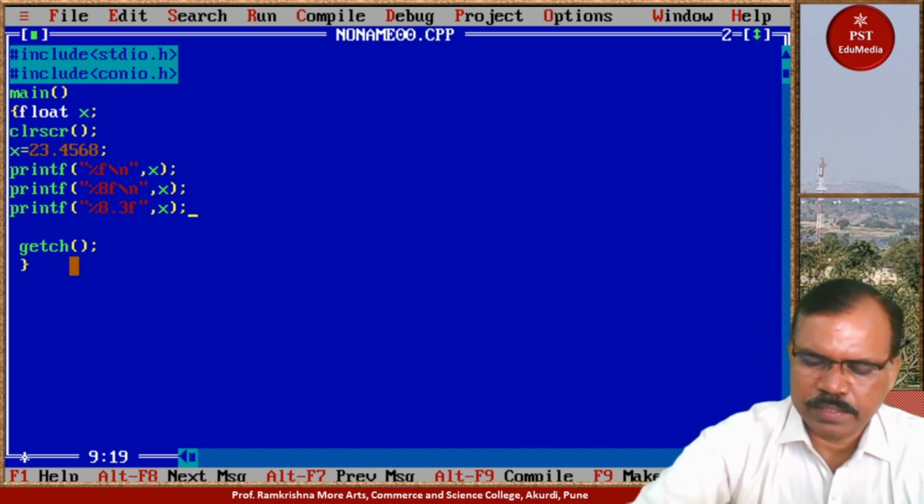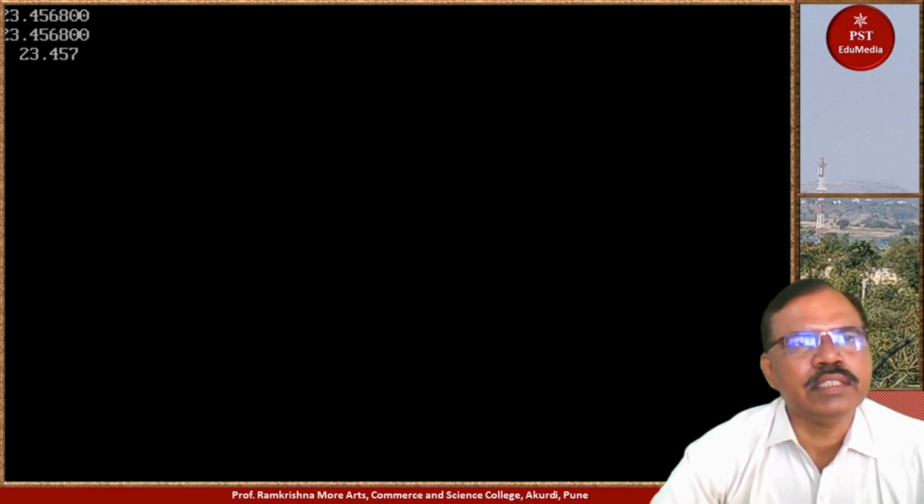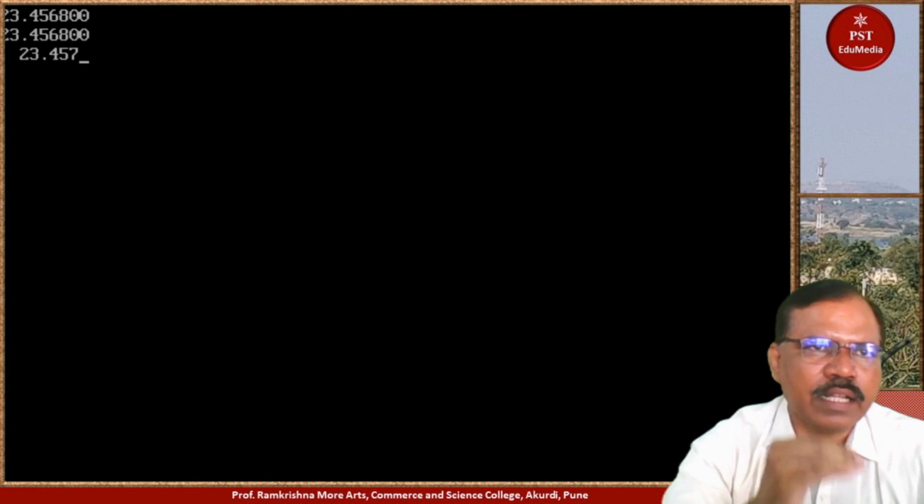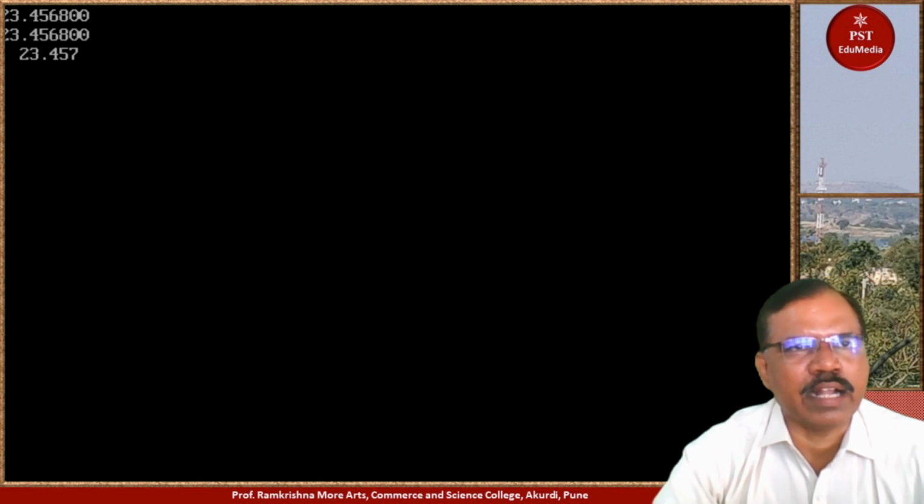Since only 3 decimal places are printed, the required width is 6. The first is used for 2, the second for 3, the third for the decimal point, the fourth for 4, the fifth for 5, and the sixth for 7. But the given field width is 8. So if we compare the second and third output, the first two positions are vacant here.